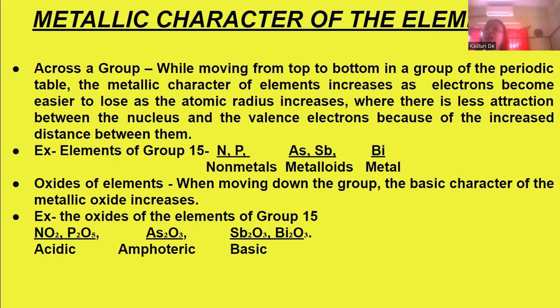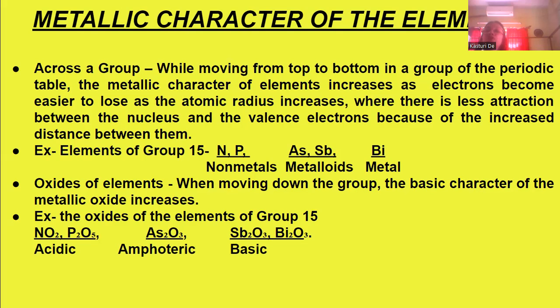They will lose their last valence electron very easily. Therefore, the more we go down the group, their metallic character increases. Less attraction is there between the nucleus and the valence electrons, and that's why this distance between them increases, and they will lose electrons very easily.